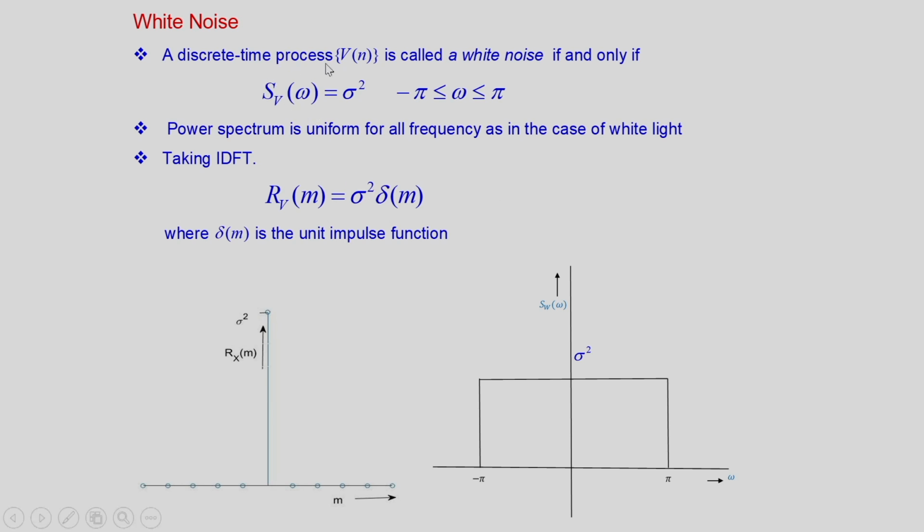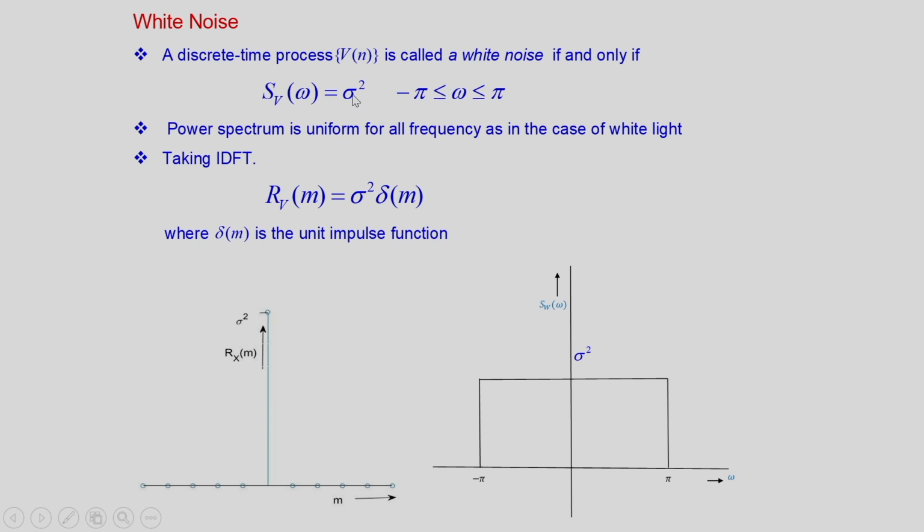A discrete time process Vn, this is a random process Vn, is called a white noise if and only if Sv of omega is equal to sigma square, omega lying between minus pi and pi, because discrete time Fourier transform is uniquely defined in a period. So, that way it is defined in the period minus pi to pi.